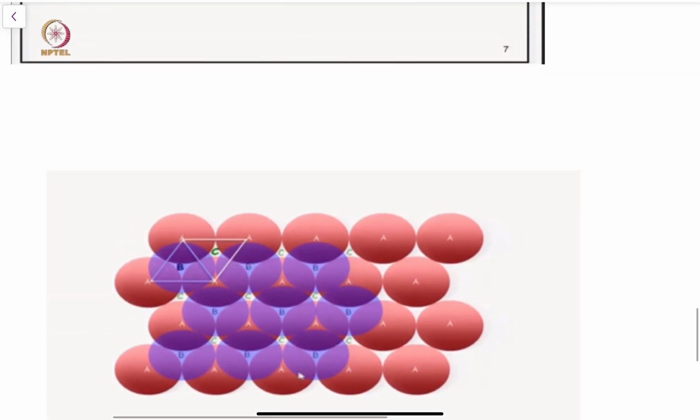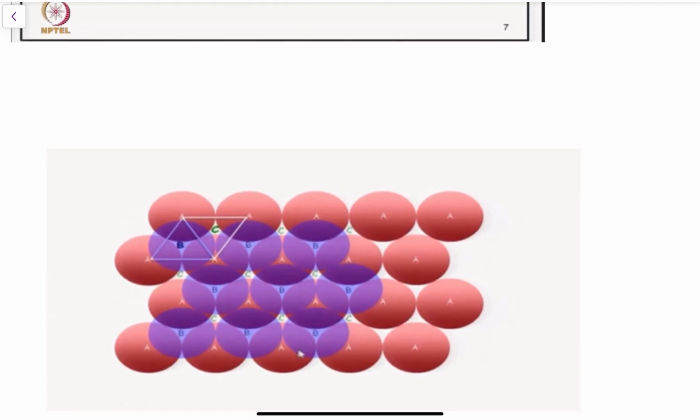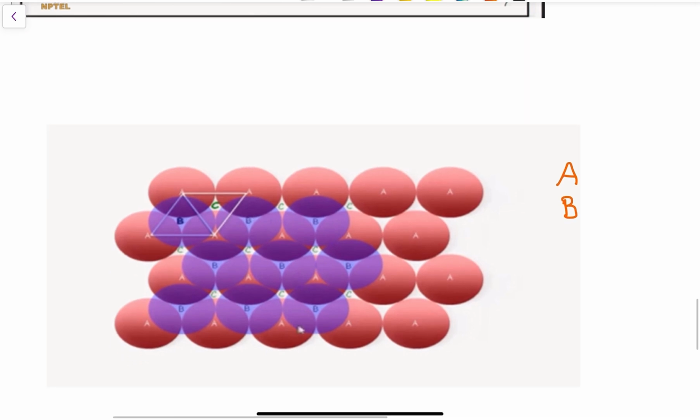So if you look at this picture, I have placed atoms at the B position throughout. So the C position is kept blank. Okay, so I have chosen the B position. So the first layer will occupy the A position, the second layer will occupy the B position, and where will the third layer go?